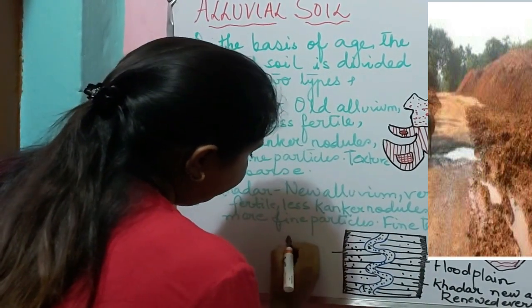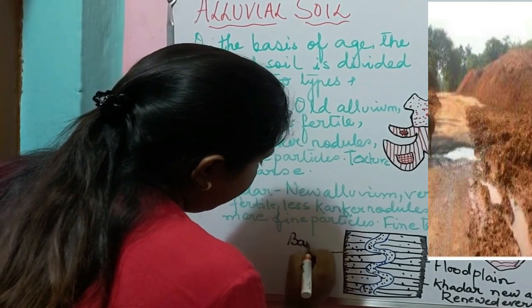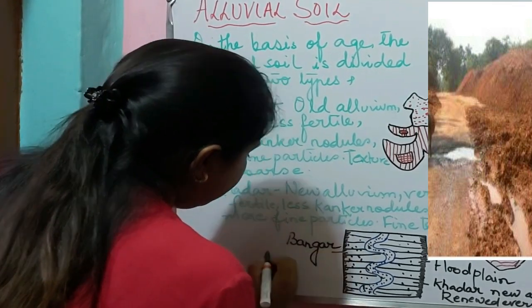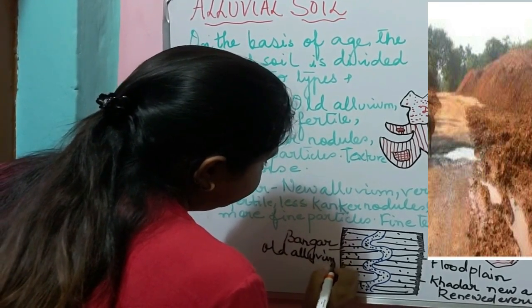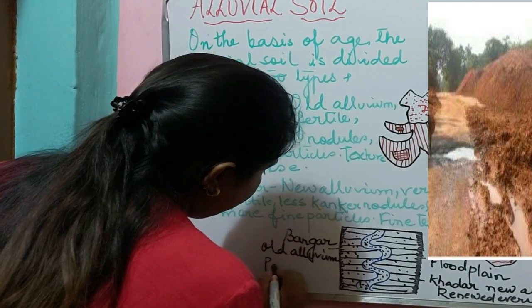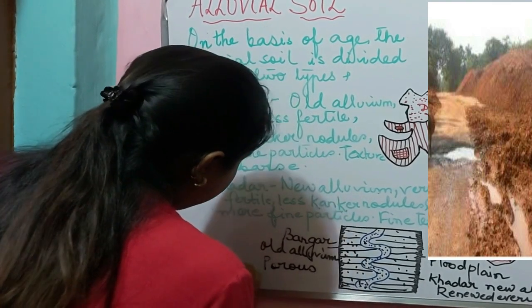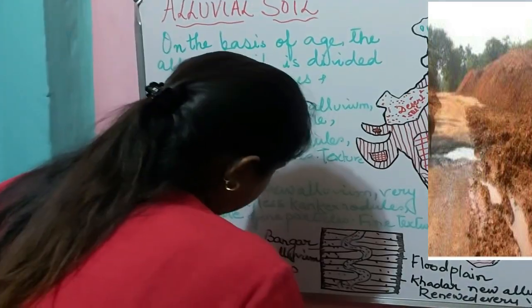These are referred as my Bangar, the old alluvium, which is not porous.